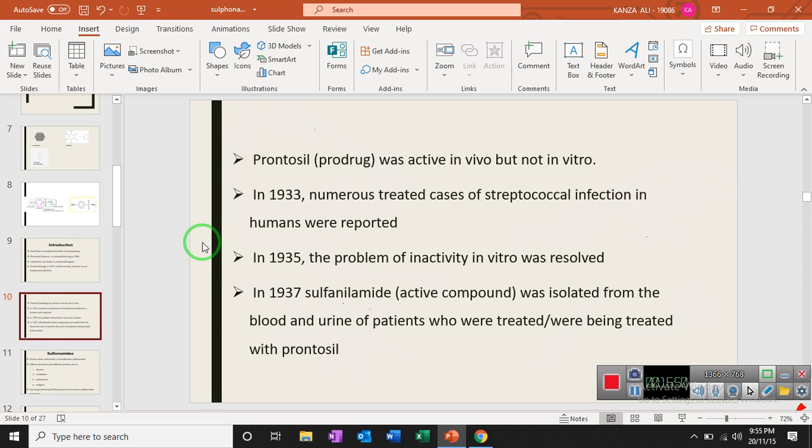But then it was found that prontosil was active in vivo but not in vitro. What does it mean?